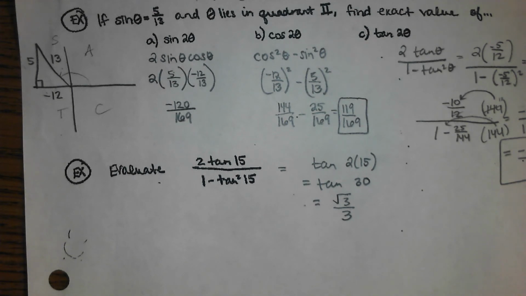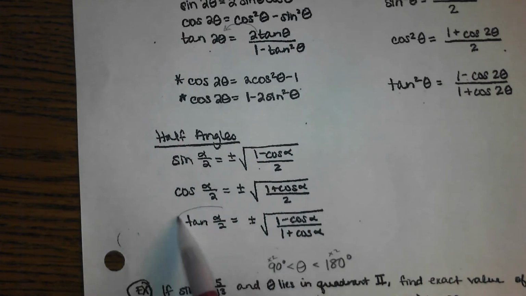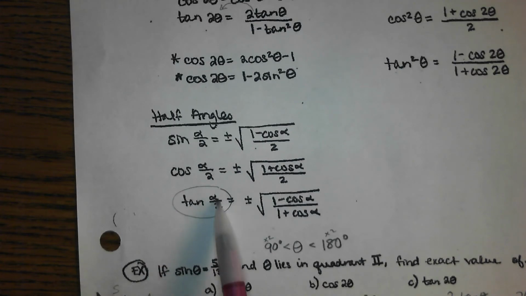Now, that might be something that you don't recognize. And you might think, okay, well, 15 is half of 30. So if you go up to this half angle formula, if you wanted to find the tangent of 15, alpha would have to be 30.